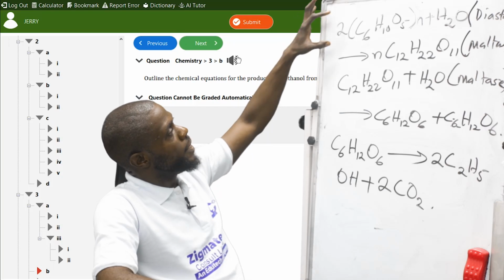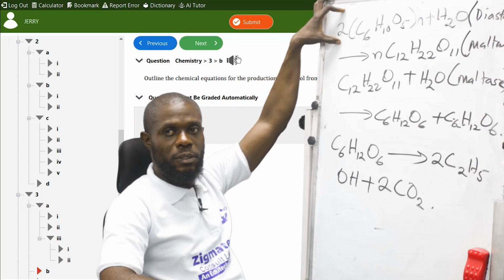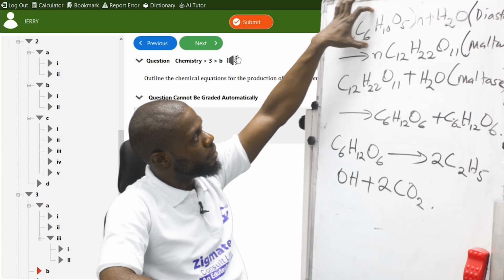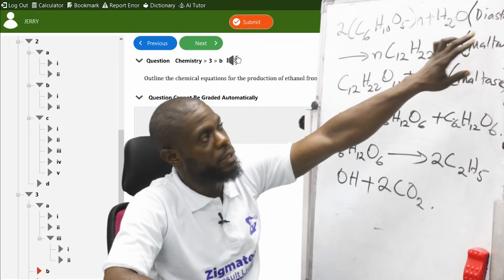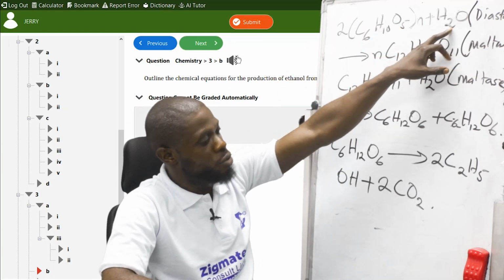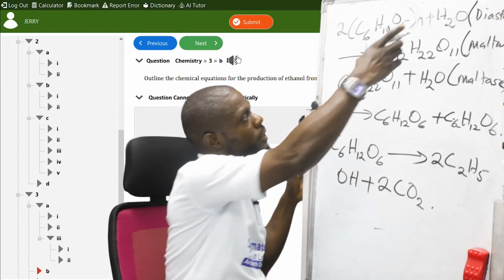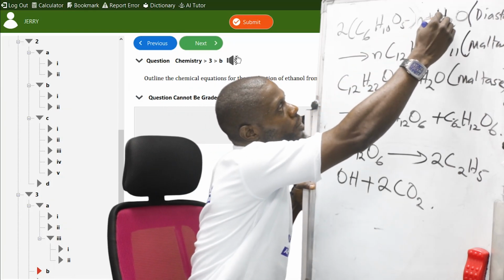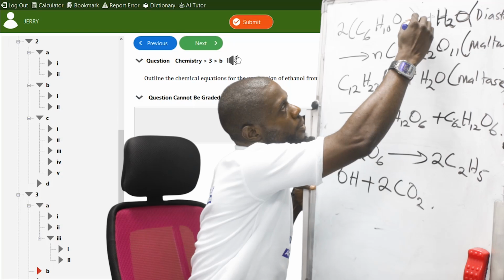Now, this is a diastase, the cooked cassava. That's a diastase, cooked cassava. Water is being used to break it down. This n represents the number of moles.